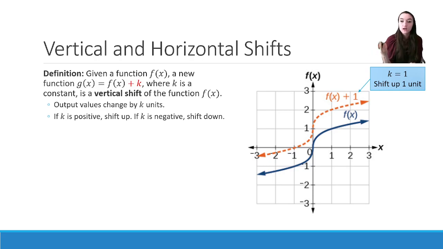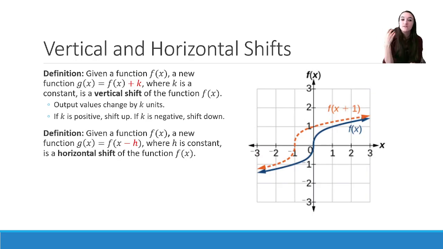On the opposite end, we can do a horizontal shift. A horizontal shift occurs when we place that plus or minus number inside of our function. So instead of manipulating our output, we're actually manipulating our input.